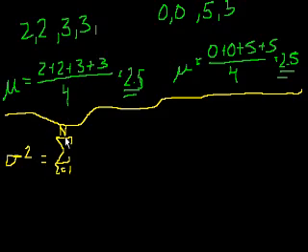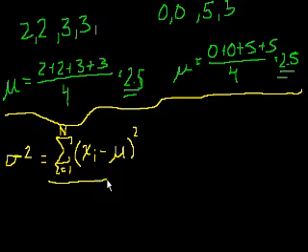But instead of taking the sum of the points, you take each point, x sub i, and you subtract from that, and actually it doesn't matter if you subtract from that or you subtract that from the mean, the population mean, and then you square it. So what is this? This is the distance between each number and the mean. And then when you square it, it becomes a positive number. So you can view it as just the squared absolute distance between each number and the mean of that set. And then you take the average of all of those, and you divide that by n.